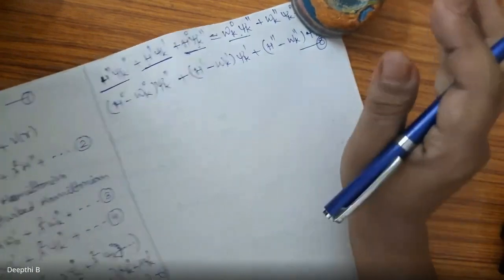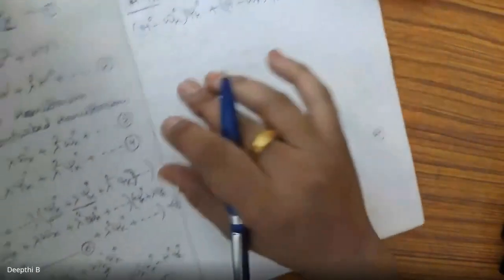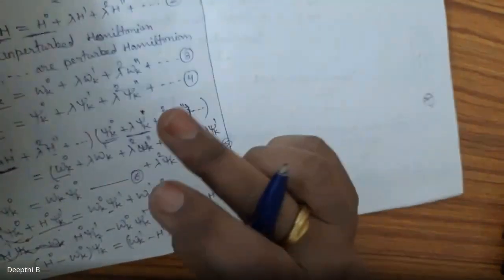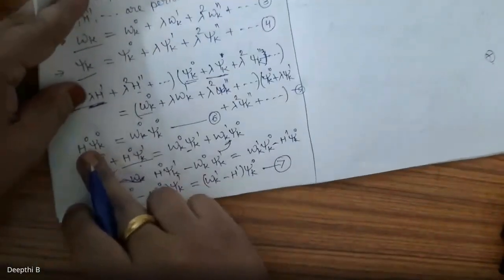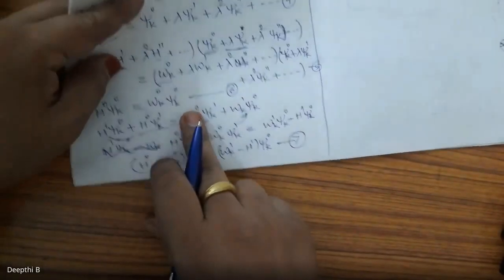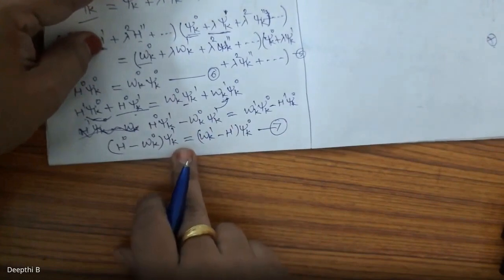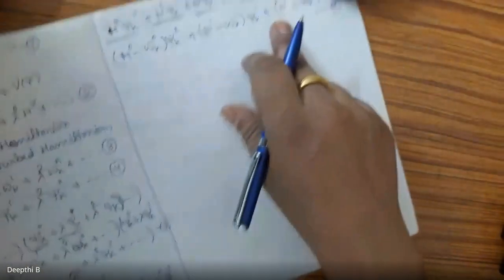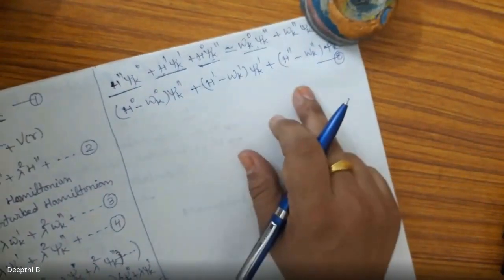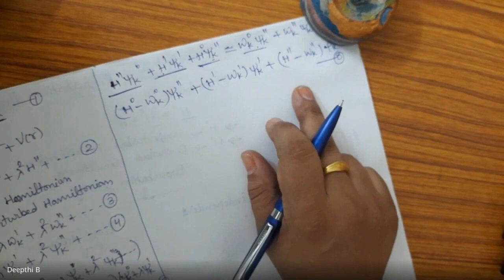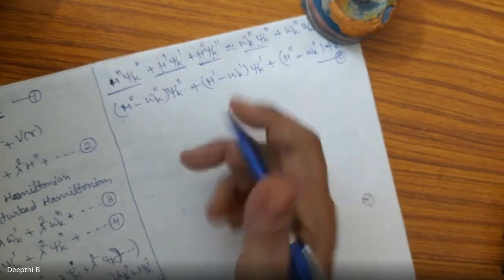We already equated the lambda terms. First, without the lambda term, which is H naught psi k naught equal to Wk naught psi k naught. Second, the lambda equating term, and third, the lambda square equating term. So we got three equations. Now equations 6, 7, 8 represent what?